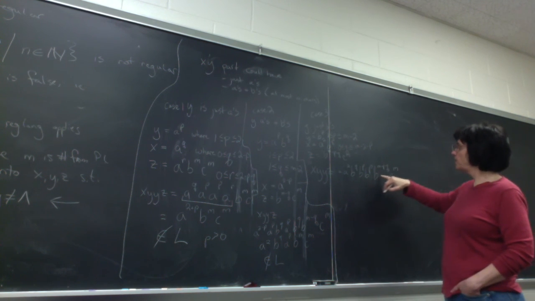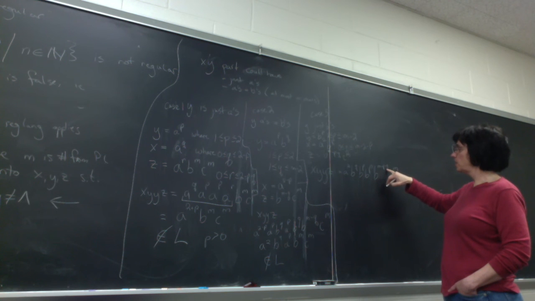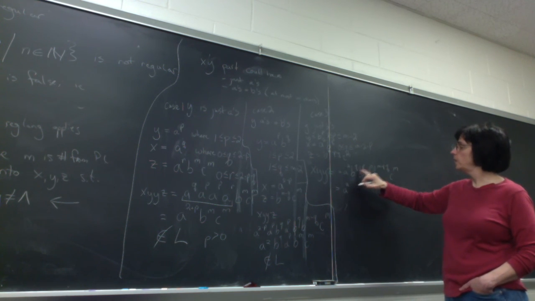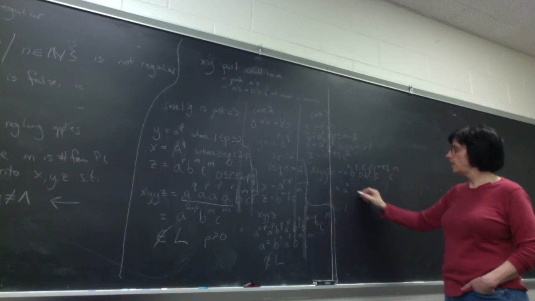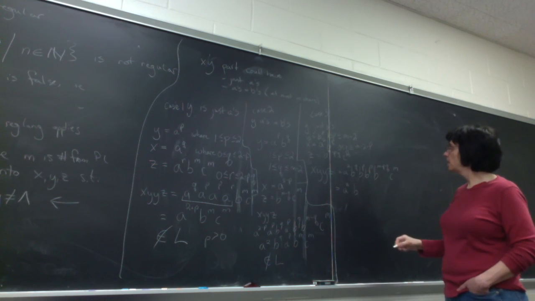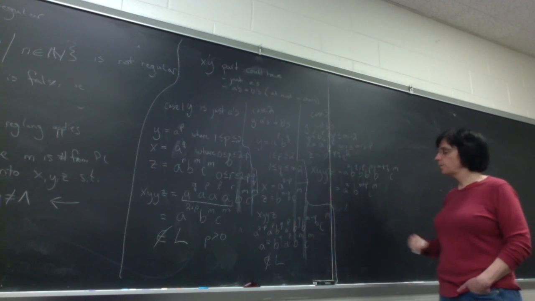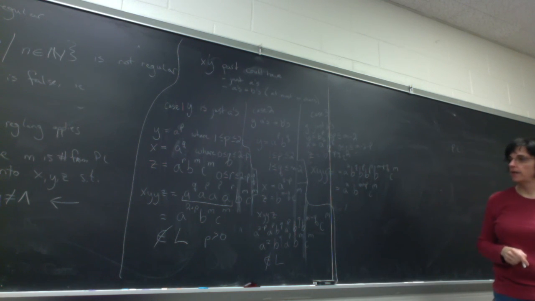And if I add these up, what have I got? m minus p minus q, I end up with a to the 2. I add these exponents up, right, and I get b to the m plus p, c to the m, and this is how I should have done the math for this.